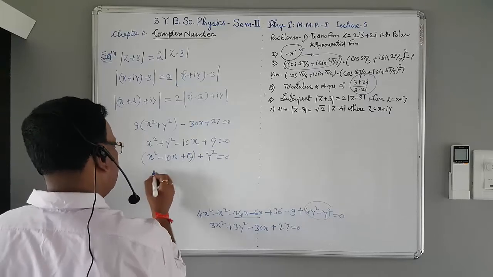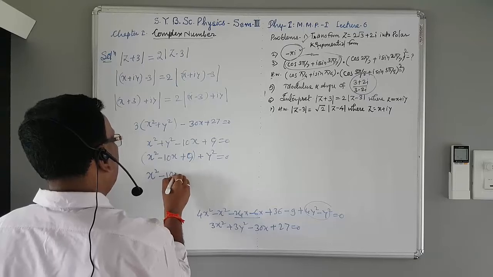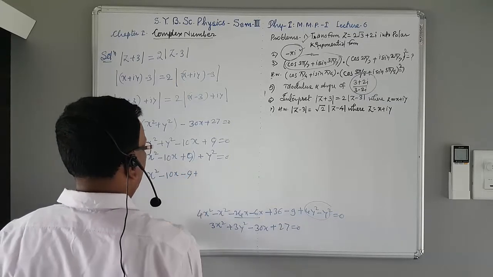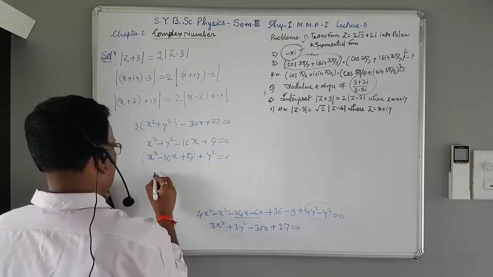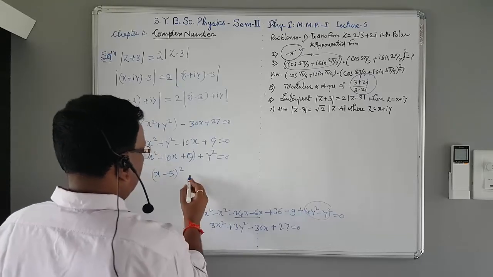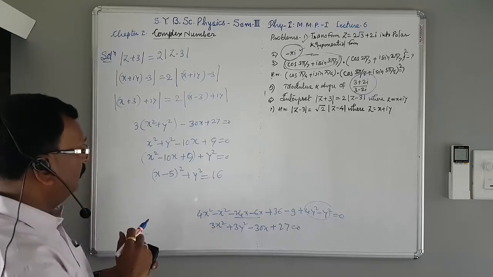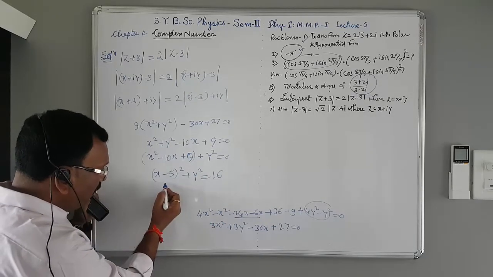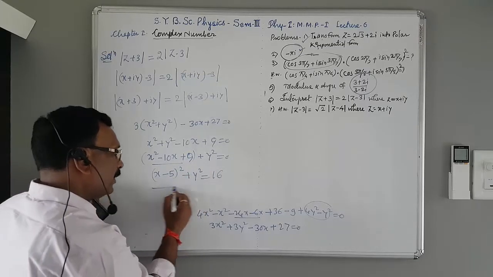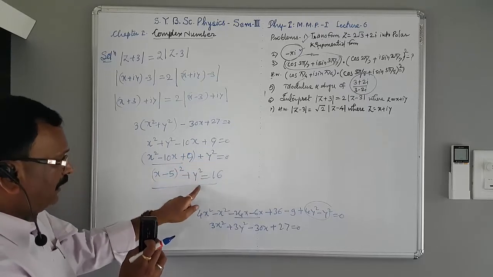Again you can write this equation, sorry, simply x minus 5 bracket square plus y square is equal to 16. When we solve this equation, x minus 5 bracket square will be this term and this. So we make a little arrangement in order to obtain this equation.